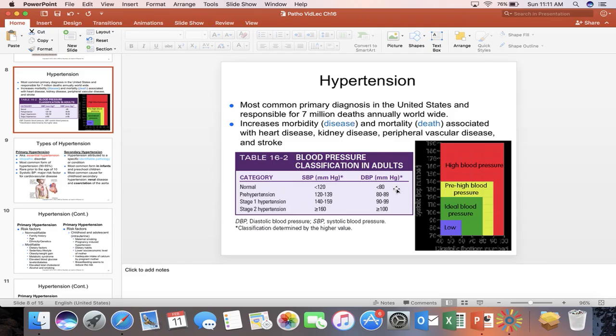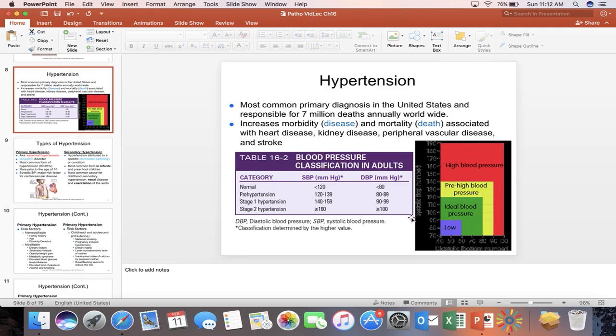According to this table, 120 over 80 is considered prehypertension. Prehypertension is when your systolic blood pressure is 120 to 139, or your diastolic blood pressure is 80 to 89. Then we have stage 1 hypertension, and then stage 2 hypertension.